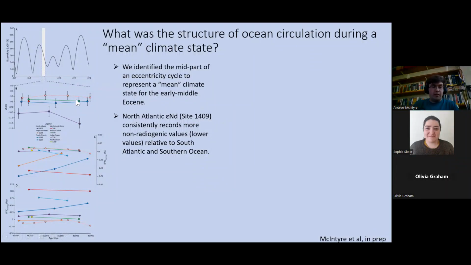And one key finding is in the neodymium isotopes, this panel B here. The purple record here is our North Atlantic data from site 1409, and it consistently records more non-radiogenic, so lower, values than all our other Southern Hemisphere sites.